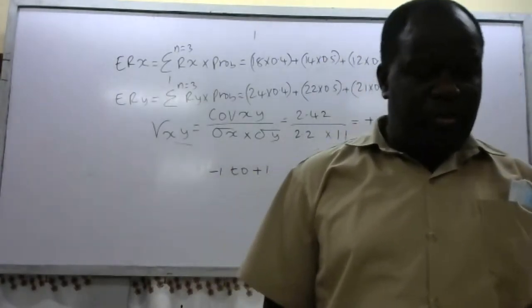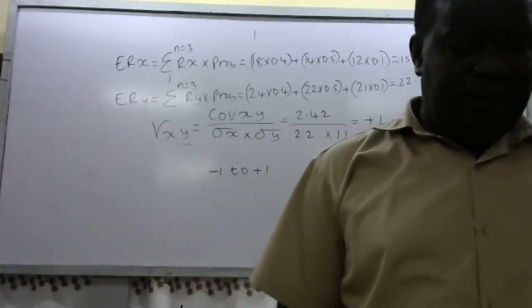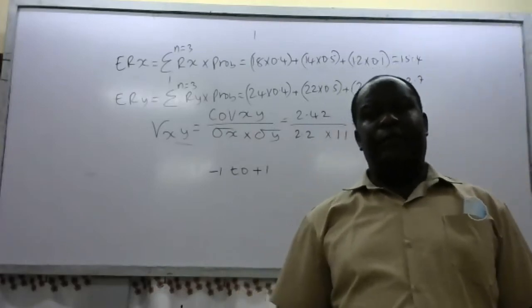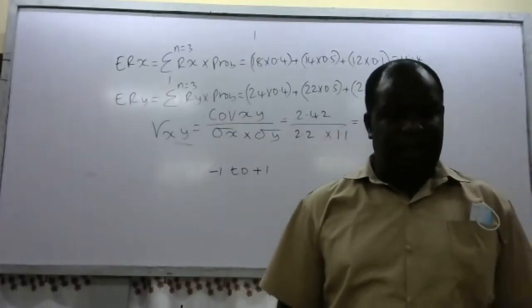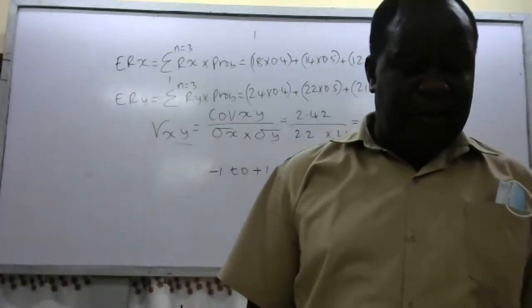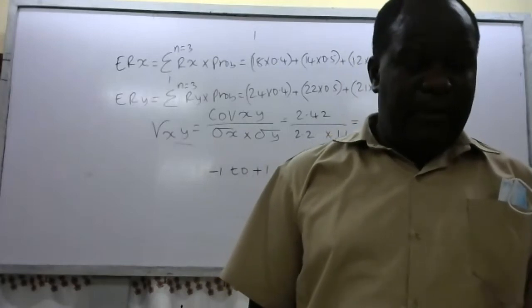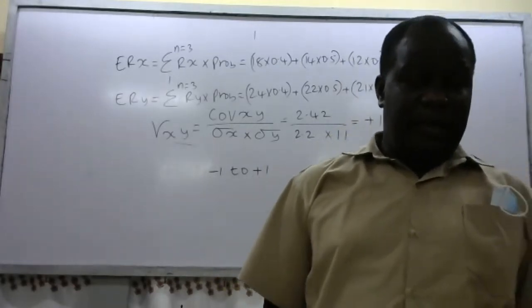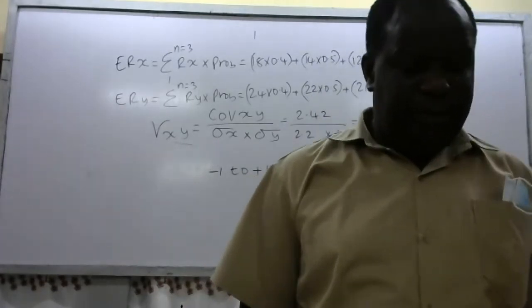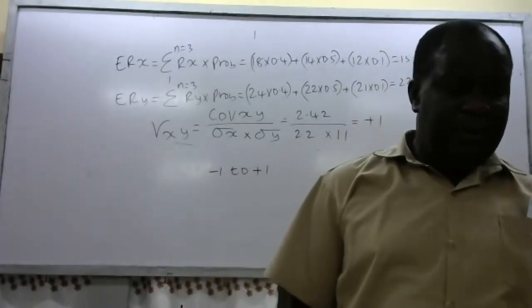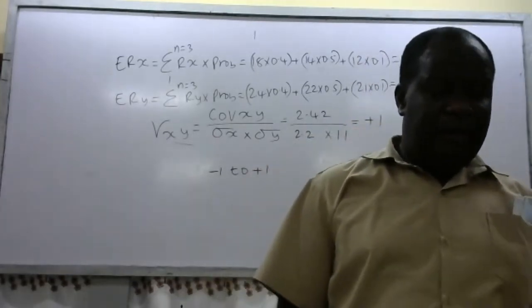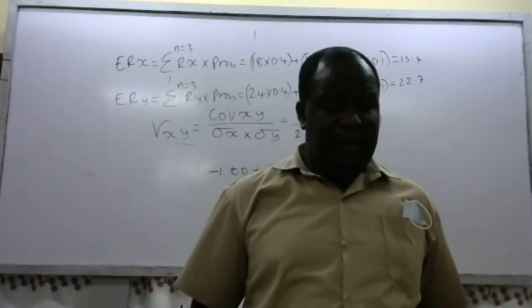Then another paragraph, we say that if the correlation coefficient is -1, then it means that the two securities are perfectly negatively correlated.